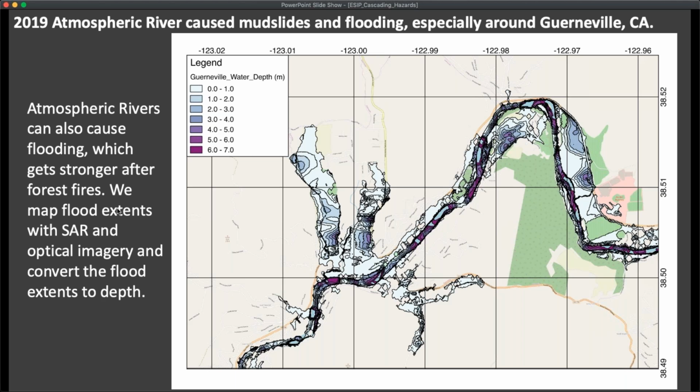And this example here that you're seeing is coming from the Planet satellite. I do not know why the reference is not there. But in any case, we use the Planet flood extent and combine that with a well-known DEM so that we can essentially estimate what the flood depth must be given the flood area.